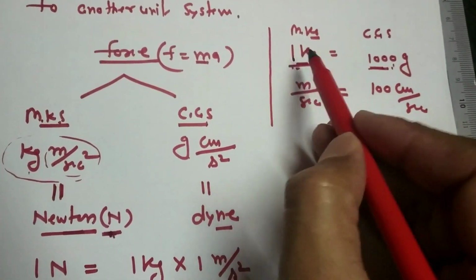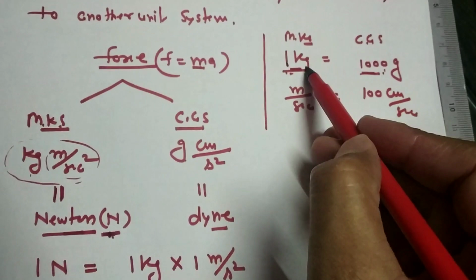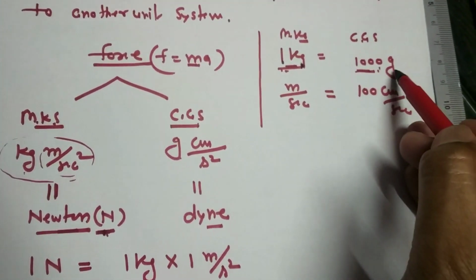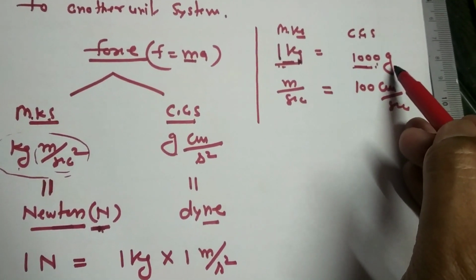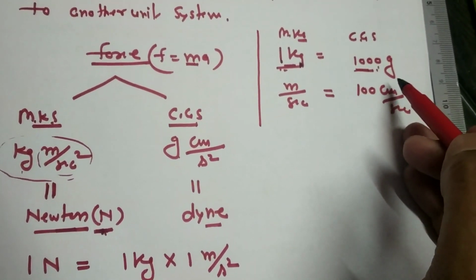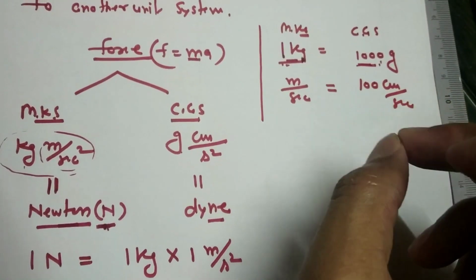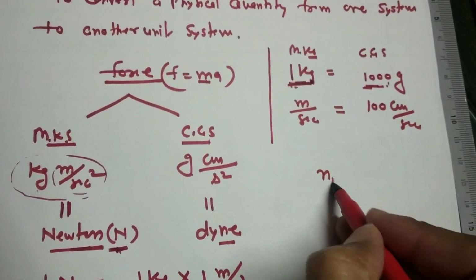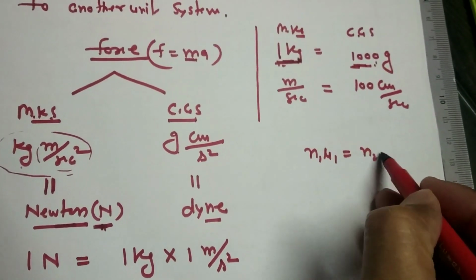One is numerical value 1 with kilogram size of unit, and it is equals to 1000 numerical value and gram size of unit. You have already discussed when numerical value is high, then size of unit will be less. So magnitude will always be equal, N1 U1 equals to N2 U2.